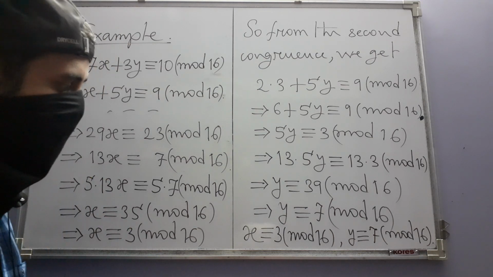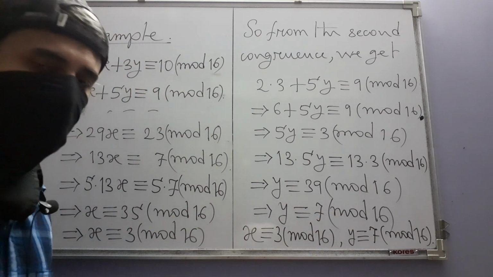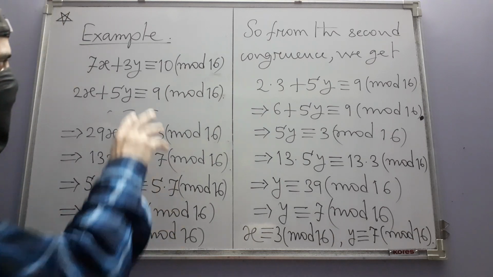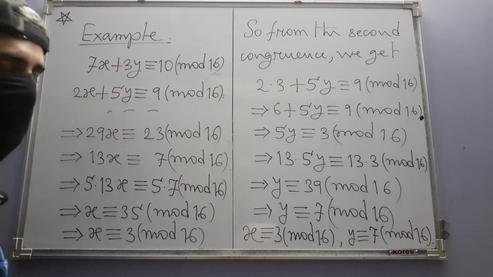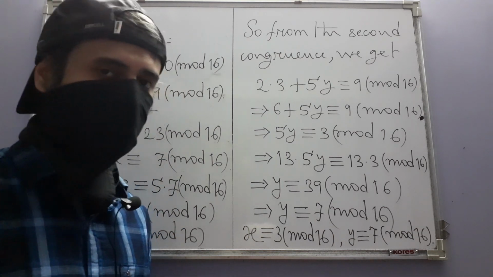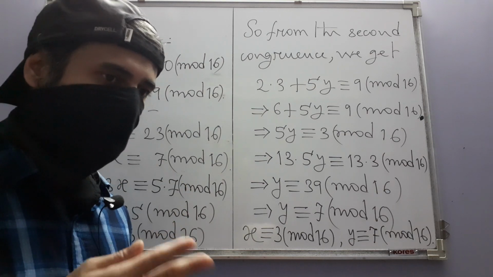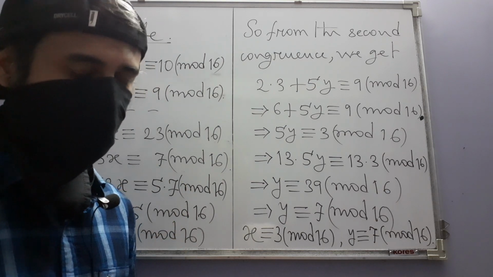There will actually be infinitely many x and infinitely many y values that will solve the two congruences simultaneously, but all of them will give us solutions that are essentially the same, modulo 16.